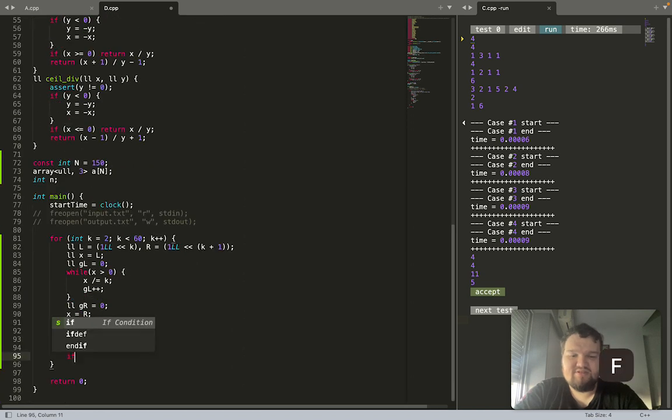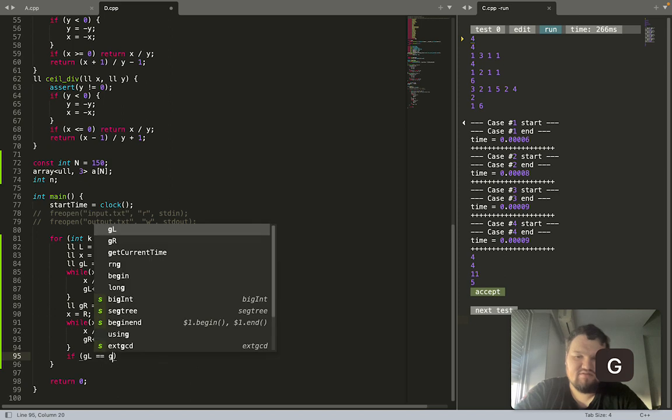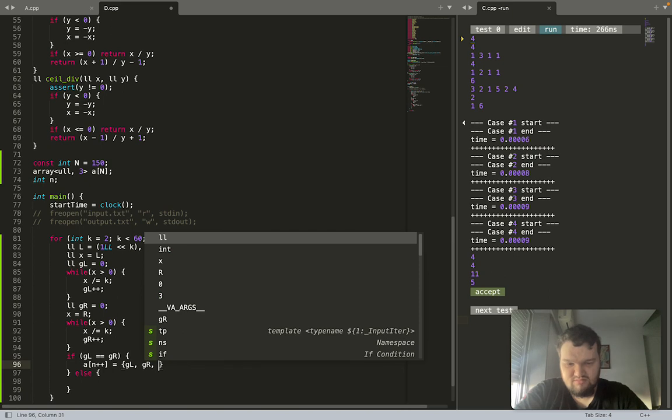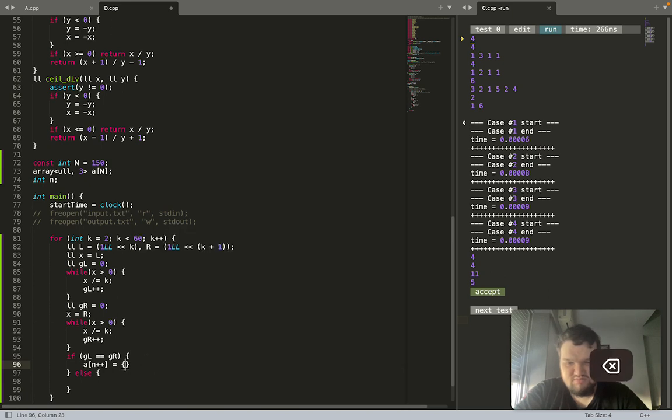And if they're equal, then on the whole of this segment the value of g is equal to this, and so we add just one segment, from left to right.